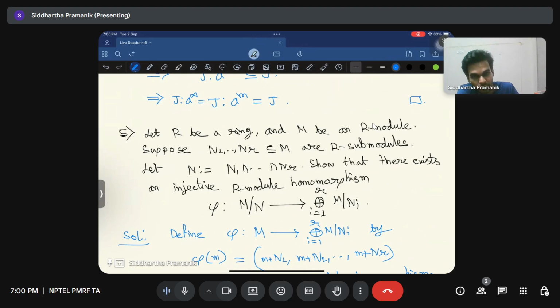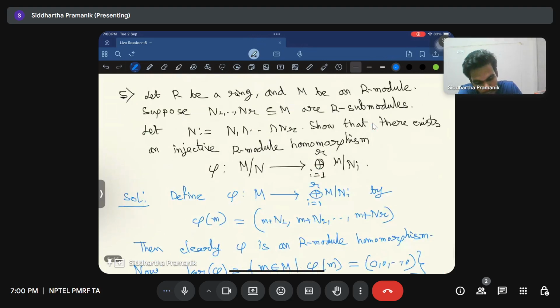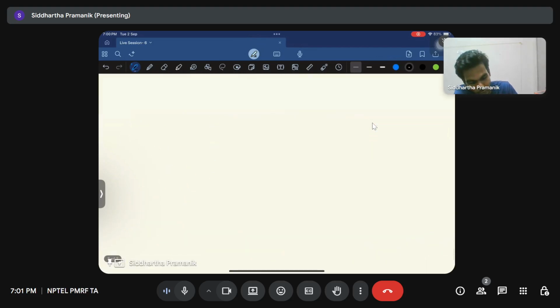So one thing we can conclude from this injective map, let's put it as a remark.